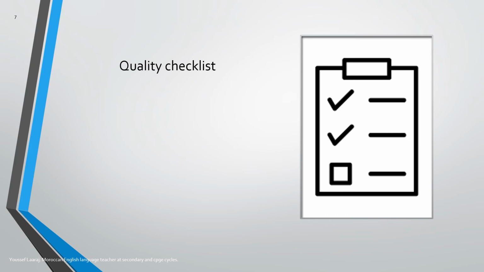Now, how do you know that your summary abides by and complies with the main requirements and that it has fulfilled the standards that are required? First, you make sure you have included all the important points.